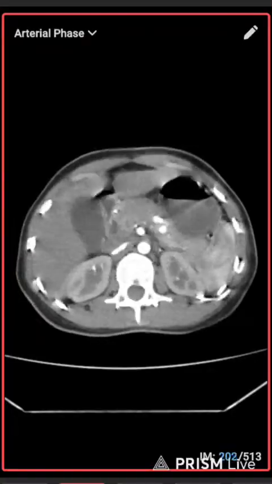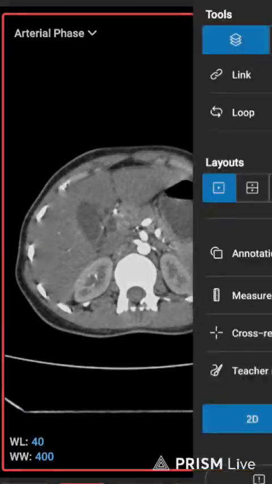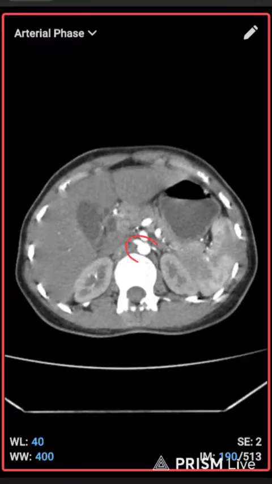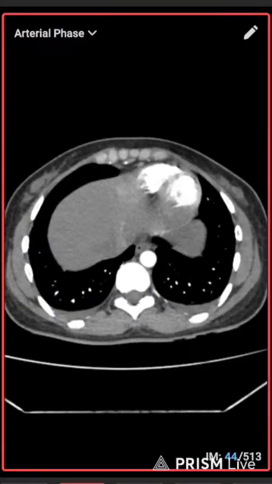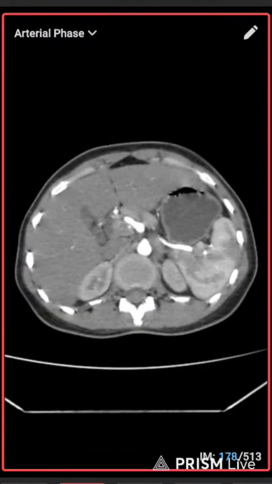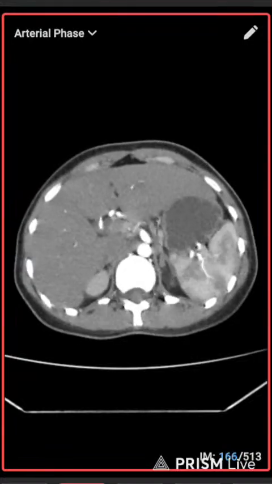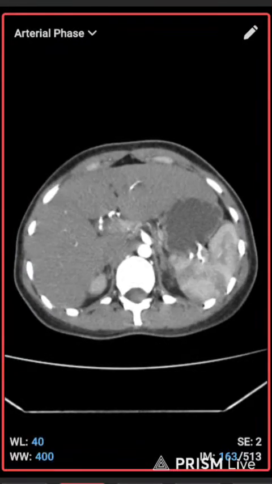This is the arterial scan. You can see the abdominal aorta here, and after that this is the hepatic artery, the blood supply to the liver.